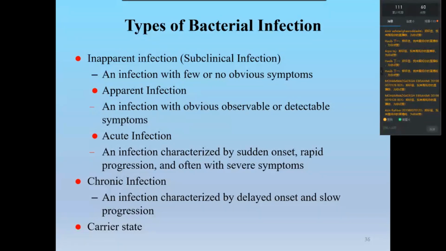Some are chronic infection, which means that after entry of the pathogen, it takes a long time and shows a delayed onset and slow progression. So this is a chronic infection. Or carrier state. We talk about the carrier persons. They carry the pathogen, but they don't show any symptoms. They are not ill. They are not sick, but they carry the pathogen, and they can also spread the bacteria to others. So they are carrier state.